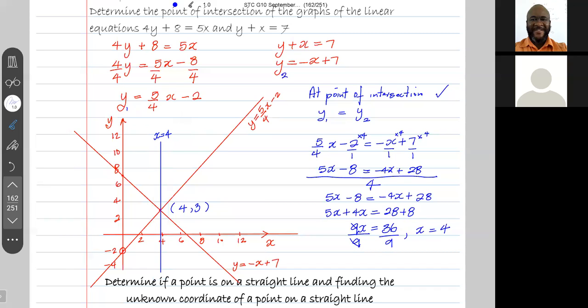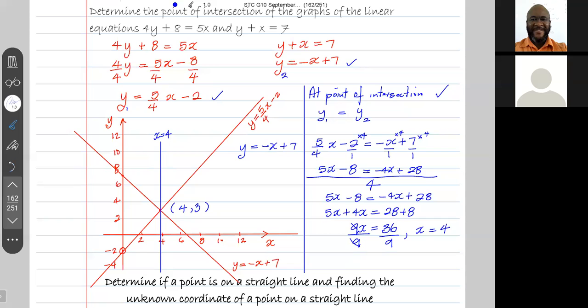To get the value of y, all I need to do is to substitute this value of x into any of the two equations. The two equations are here: y is equal to 5 over 4x minus 2, and y is equal to minus x plus 7. So using this equation, y is equal to minus x plus 7.